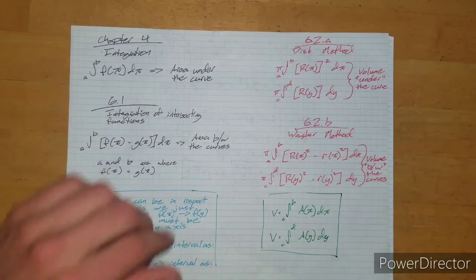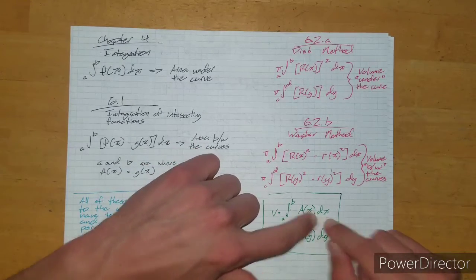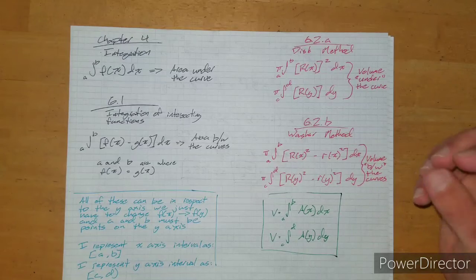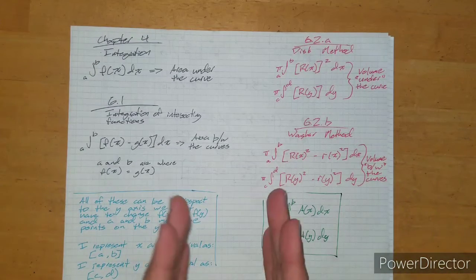So all we're finding is we're taking the area and then we're multiplying by the depth. And as we talked about before, the depth is infinitely small. It's kind of like adding up all the rectangles underneath.